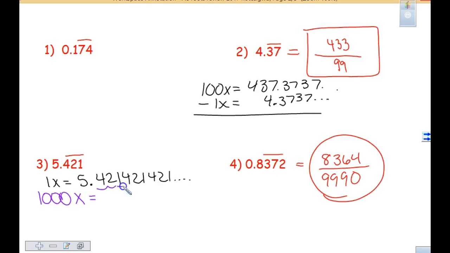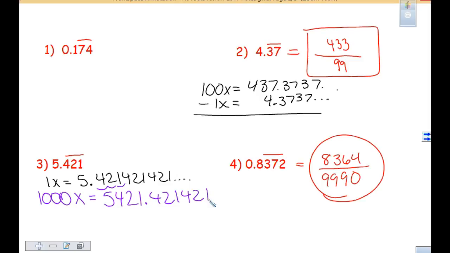So what is 1,000x equal to? 1,000x is equal to 5,421.421. You still have the 5 here, right? Yeah. 5,421. Point what? 421. Okay, 421, 421. All right.